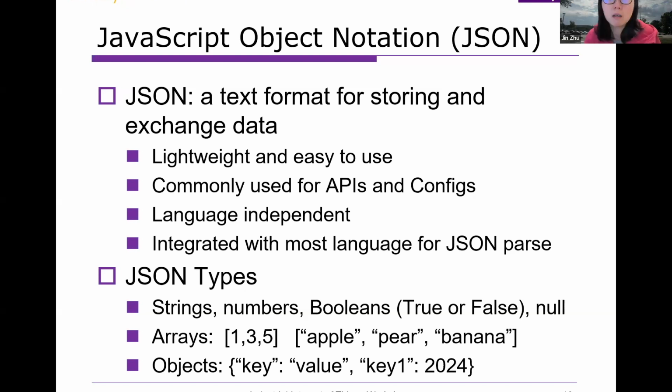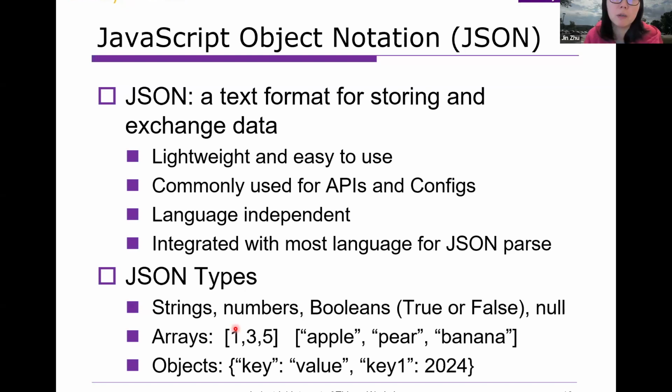Many programming languages, like Python or Java, have a JSON parser, so they can easily deal with data in JSON. As for the JSON types, typically we can see in our example of the database we just saw that we used a number.